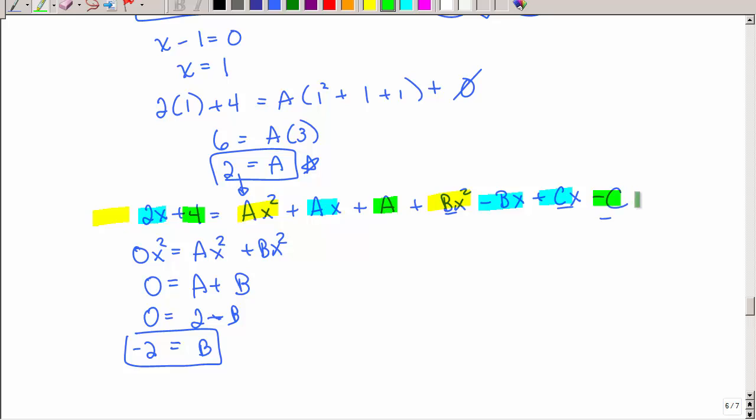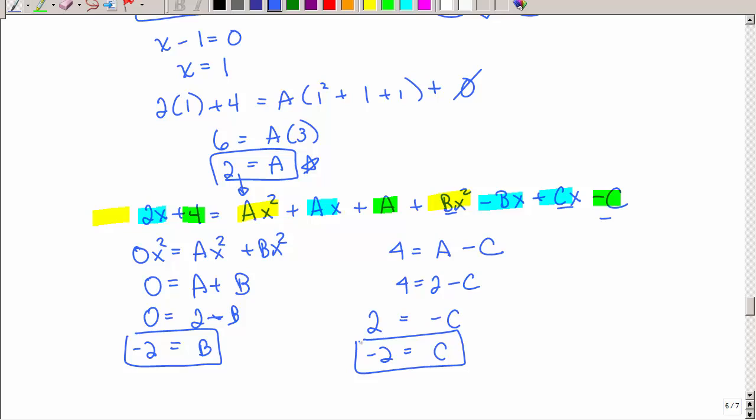The constants look a little bit easier, so I'm going to do 4 equals a minus c. I could have done the x's, this just looked a little bit easier. I know a is 2, so c is negative 2. So I have a, b, and c. You could stop right there and that would be fine.